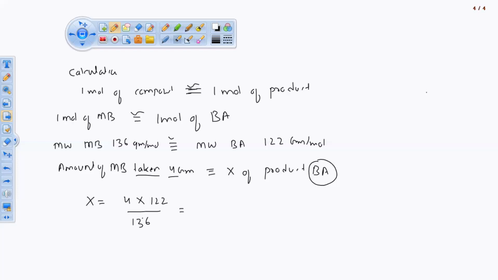You can do in this fashion also, or one more thing, by keeping x you can calculate the theoretical yield.